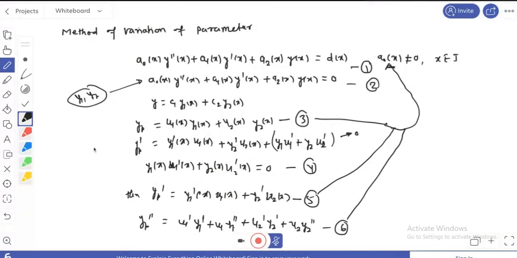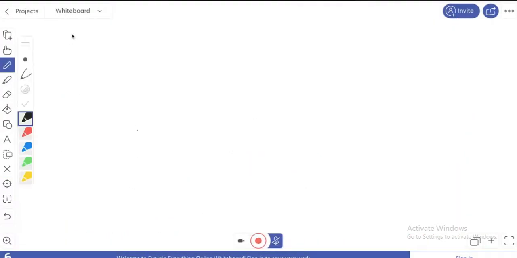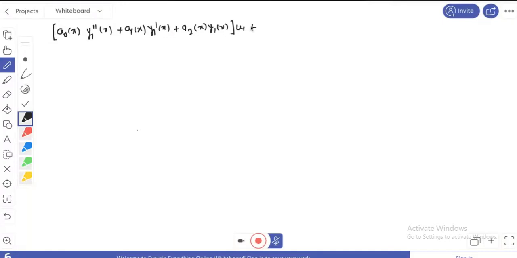On the next page, if we substitute equations 3, 5, 6 in equation number 1, we get a0(x) y1'' plus a1(x) y1' plus a2(x) y1, and if we take u1 common, this is the combination of that part.